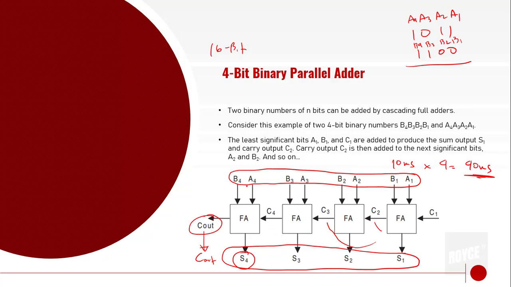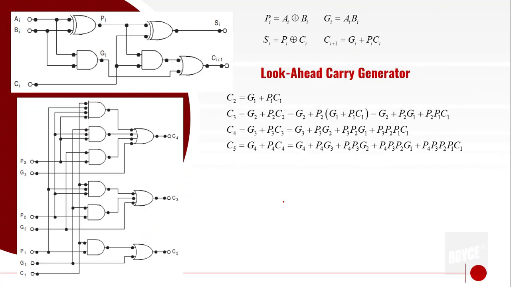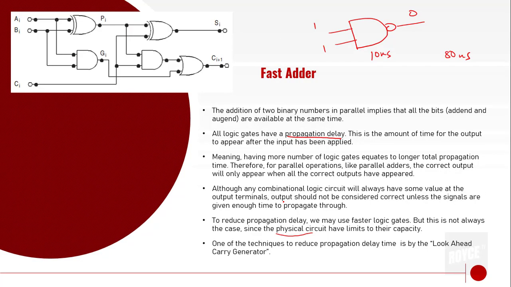Maglalagay na din siya ng C4 para habang ginagawa natin yung operation for A1, B1, nagagawa na rin natin yung operation for A2, B2, C2, gagawa na rin natin yung A3, B3, C3, and A4, B4, C4.